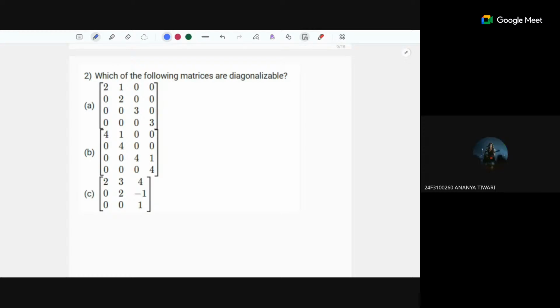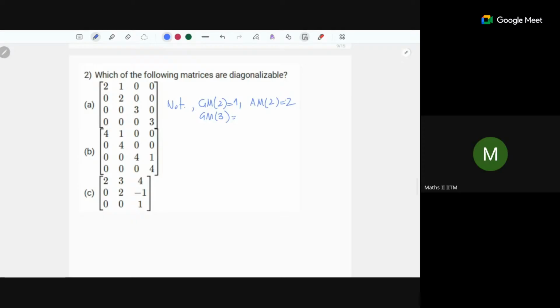Yes, sir. Okay. What about case B? So this is not diagonalizable, as geometric multiplicity of 2 is 1, algebraic multiplicity of 2 is 2, and geometric multiplicity of 3 is 2, which is equal to algebraic multiplicity.